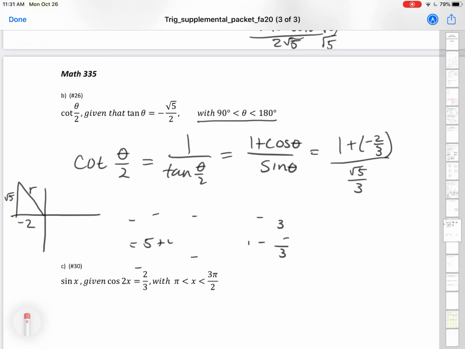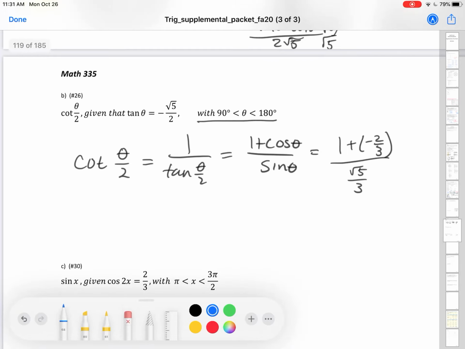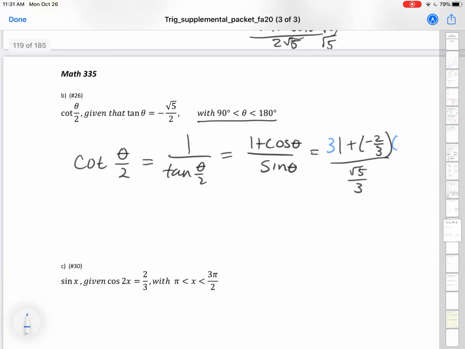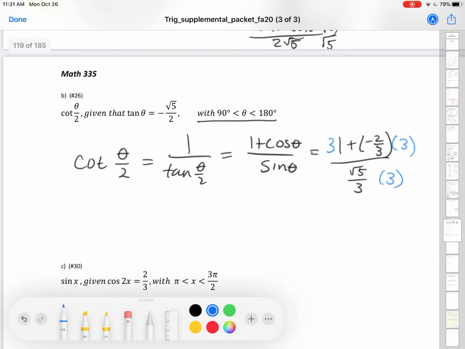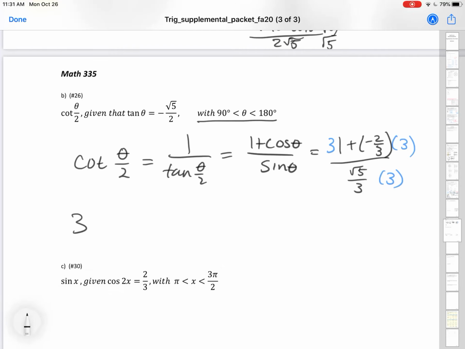And so what do we have left to do? Just clean it up, right? Just use our arithmetic skills and clean that guy up. So personally, I would clear all the fractions by multiplying everything by 3. And so I would get out of that 3 minus 2 all over root 5.